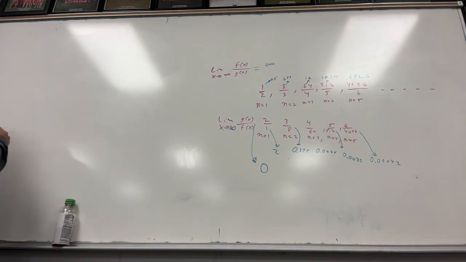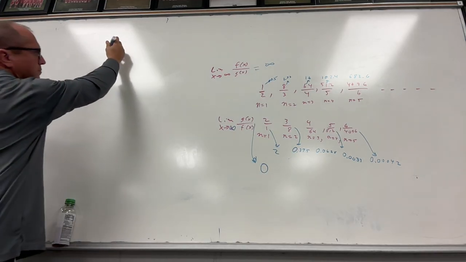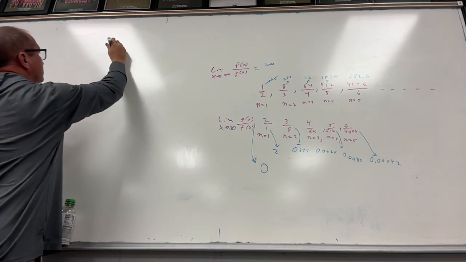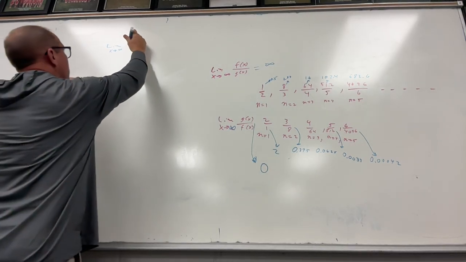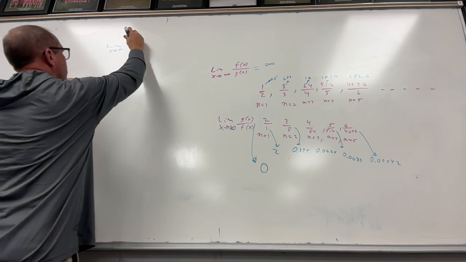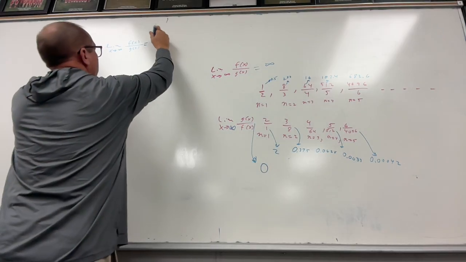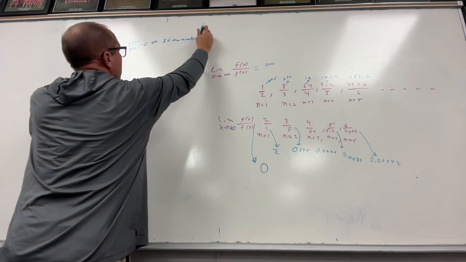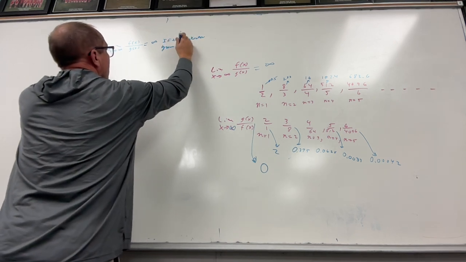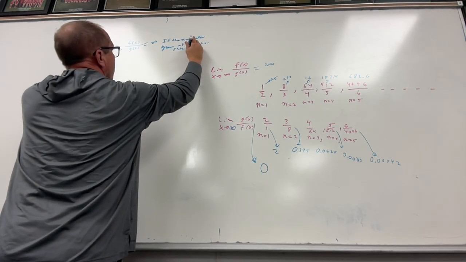So, essentially what's happening is the limit as x approaches infinity of f of x over g of x is equal to infinity if the numerator grows at a faster rate than the denominator.